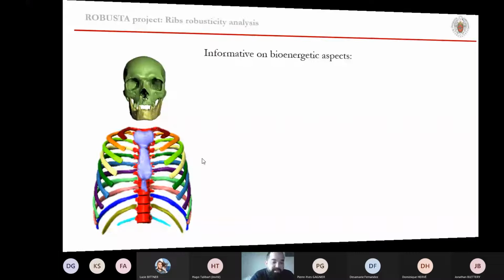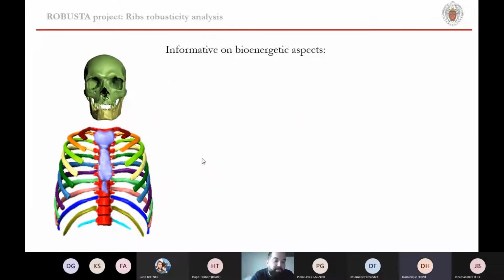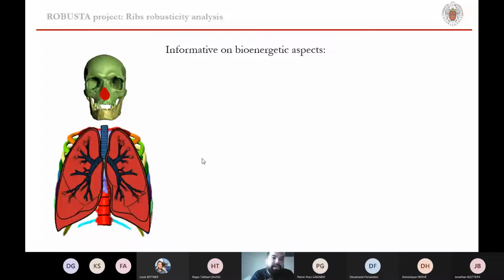So we said that the rib cage is integrated with the facial skeleton because, of course, the nasal aperture is linked to the oxygen consumption. All the oxygen that gets into the body through the nasal cavity is somehow used in the rib cage.